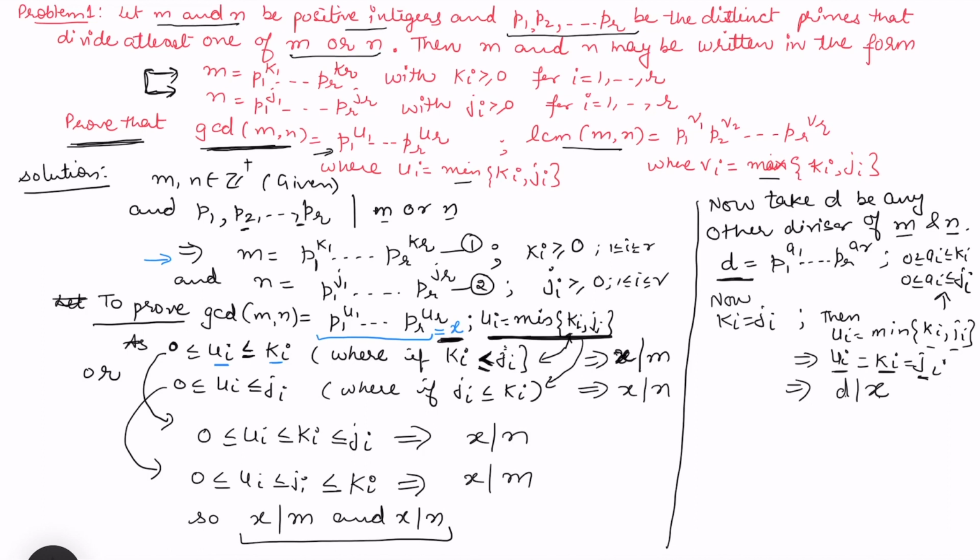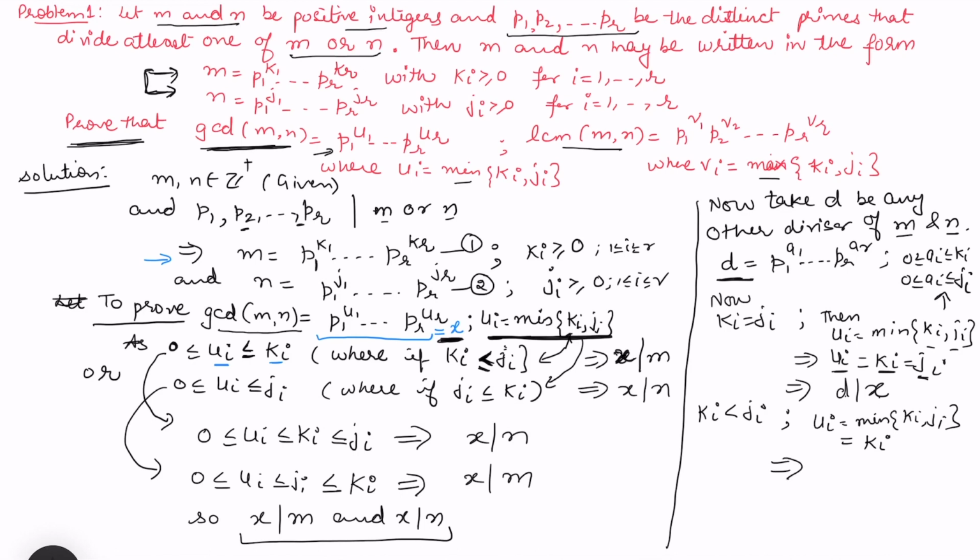So any other divisor that we have selected is dividing that quantity that we have considered as the GCD. For the other case, suppose ki is less than ji. In that case ui, which is the minimum of ki and ji, now ki is smaller, so the minimum is ki.